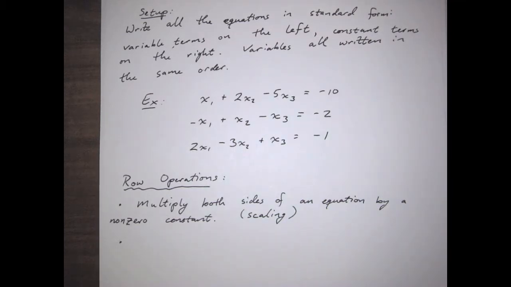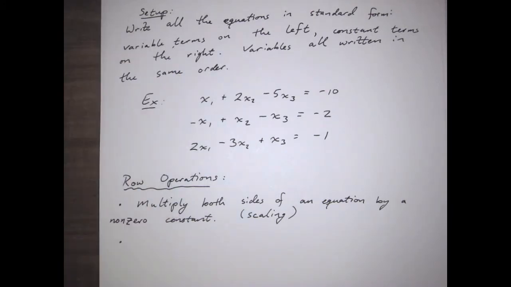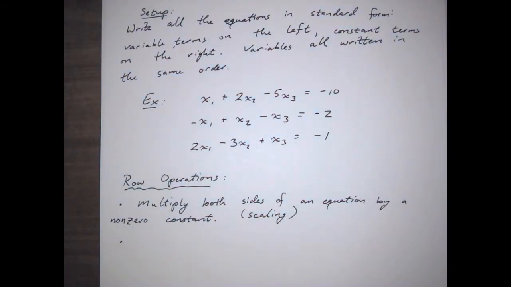Alright, we can also interchange the position of any two of these equations. There was no law of nature that said this equation had to be written first, this equation second, and this equation third. It is totally arbitrary what order the equations are written in, so they can be changed willy-nilly without even so much as an apology.